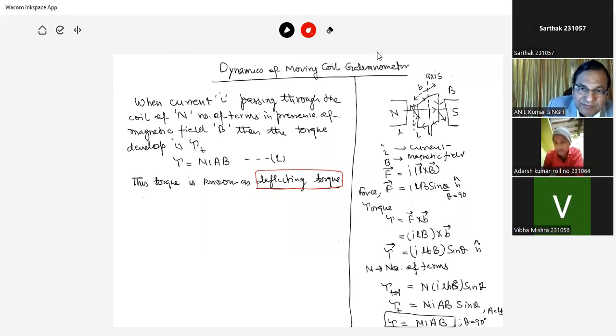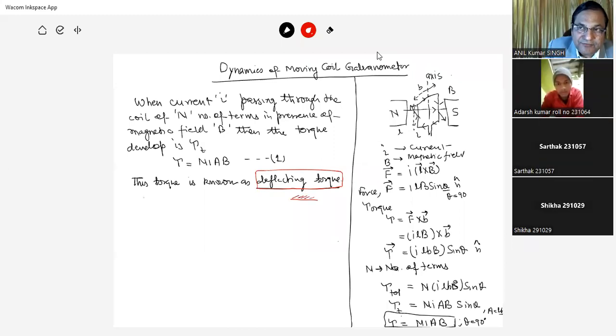So as we have seen, there is a suspended type or a pivoted type galvanometer. Suppose this is the fixed point, and here is the mirror M attached with this, and this is the coil.